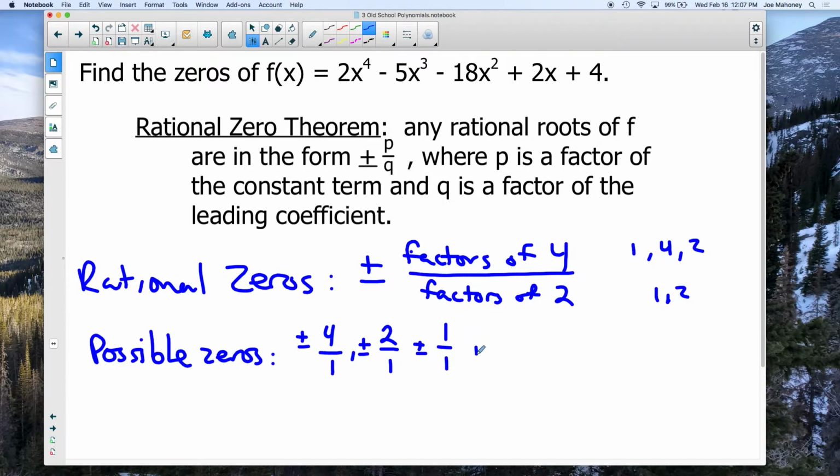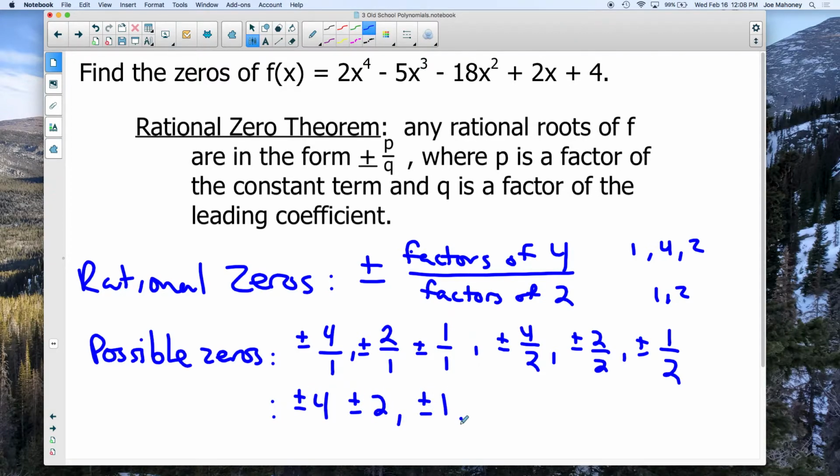It could also be plus or minus 4 over 2, plus or minus 2 over 2, plus or minus 1 over 2. Those are all the factors of 4 divided by 2. If we simplify these a little bit, some of these are plus or minus 4, plus or minus 2, plus or minus 1.